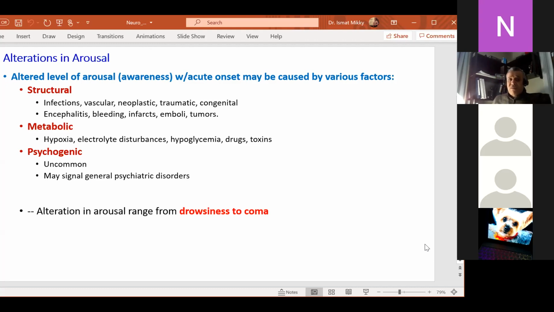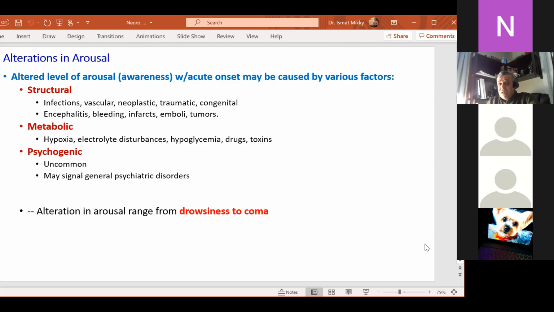On the continuum of the conscious status, the lowest would be drowsiness, and the other extreme of the continuum would be the patient being comatose, unconscious. These are some of the factors that could change the patient's mental status.